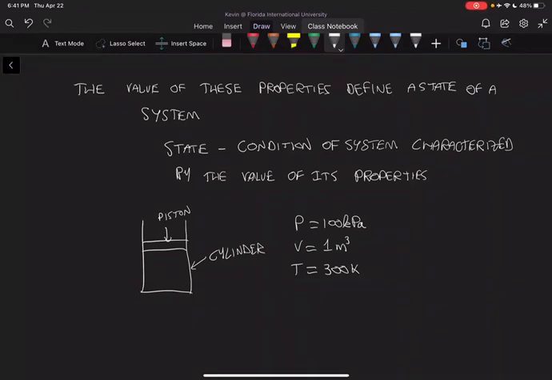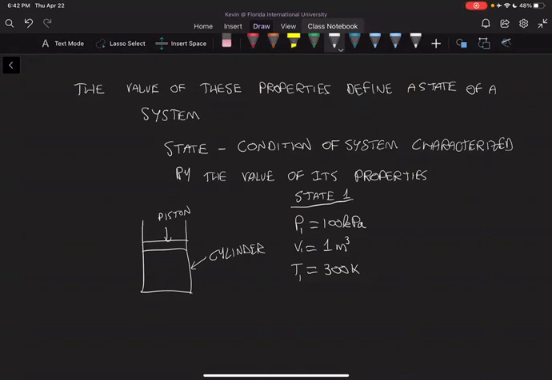Okay, that's a state. And what we are going to be looking at is what happens when there is a change of state. So for example, this could be defined as state 1. So state 1 would be pressure 1, volume 1, and temperature 1 are the following values.